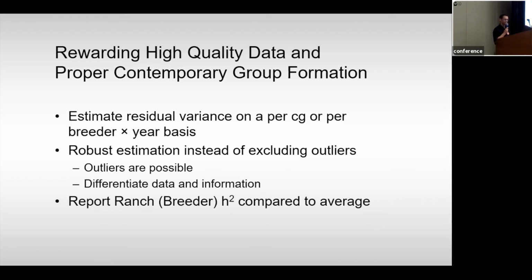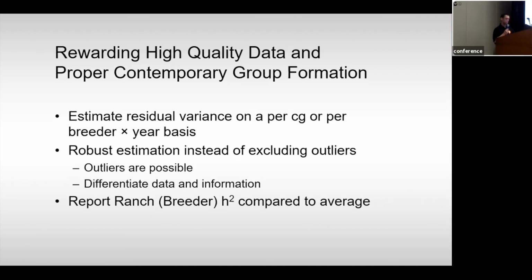Sure, I'll take a stab at that one. So high quality data would be accurately measured. It would be put in an appropriate contemporary grouping structure. And the way that it would be quantified is that it's going to result in a lower residual variance. So residual variance is the variance that's due to measurement problems, environmental effects, incorrect model, and anything else that we're not accounting for properly in our model.